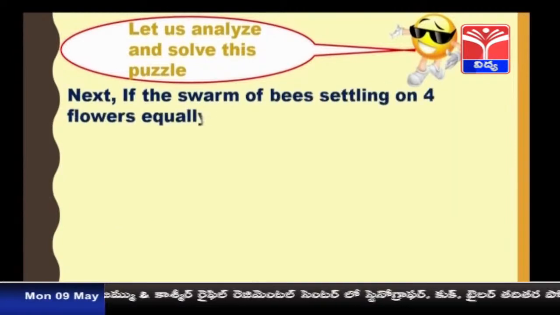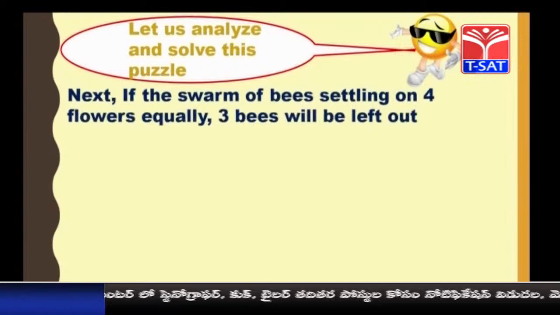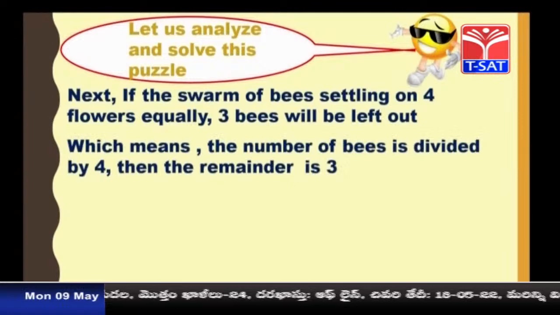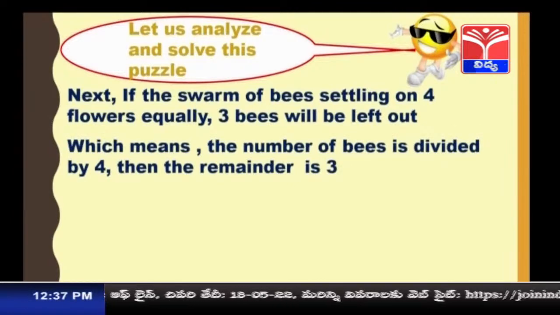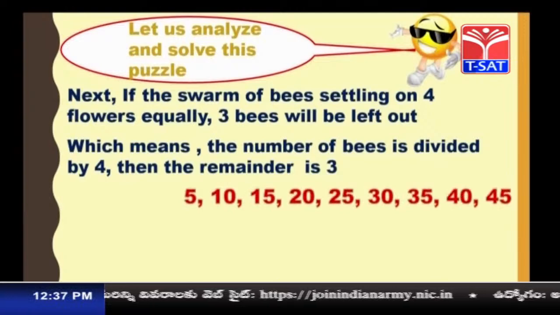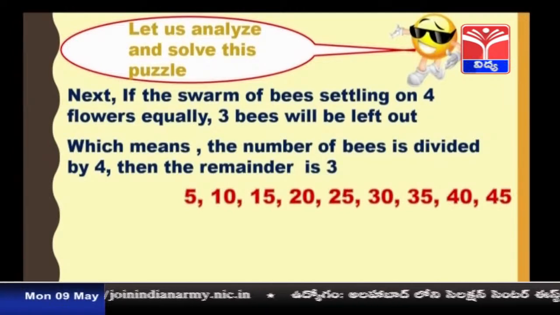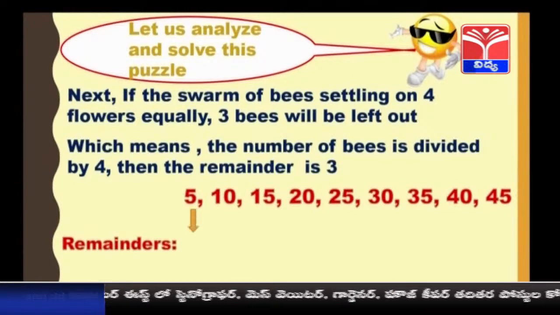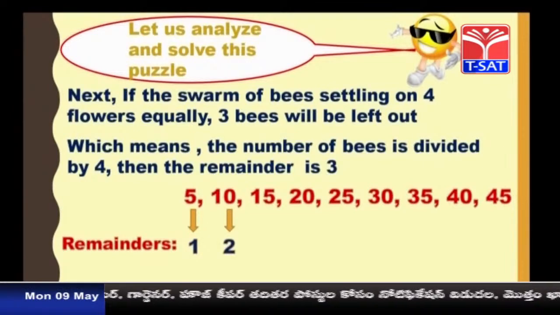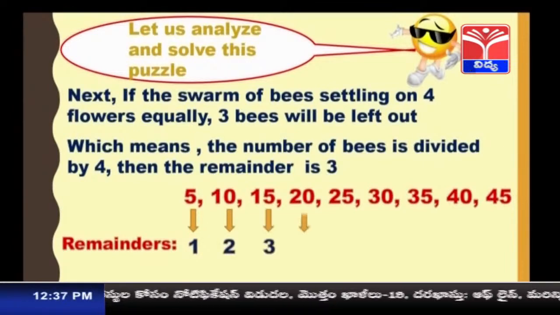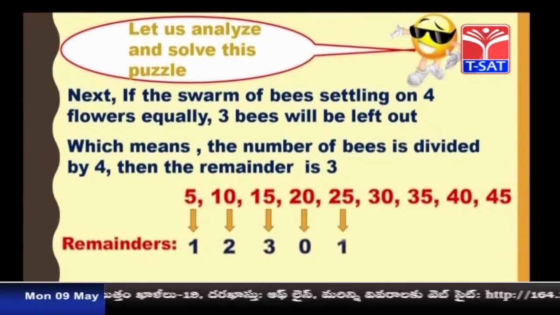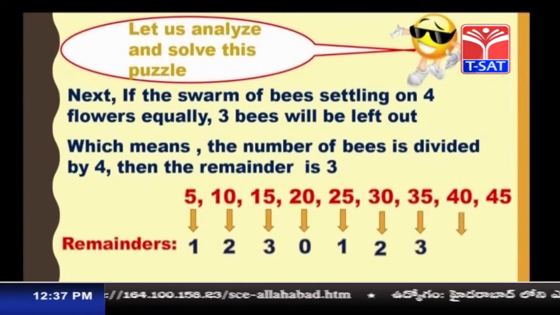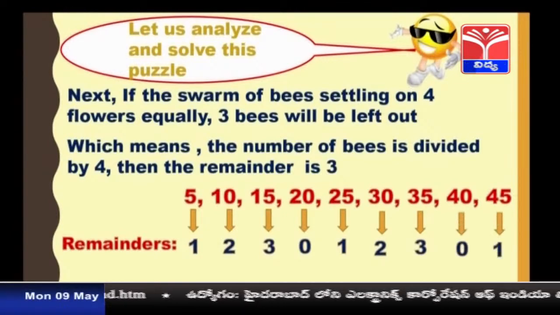Next, if the swarm of bees settles on four flowers equally, three bees will be left out, which means when the number of bees is divided by 4, the remainder is 3. The numbers from the previous hint are 5 to 45. If we divide by 4, for 5 the remainder is 1, for 10 the remainder is 2, 15 remainder 3, 20 remainder 0, 25 remainder 1, 30 remainder 2, 35 remainder 3, 40 remainder 0, 45 remainder 1.